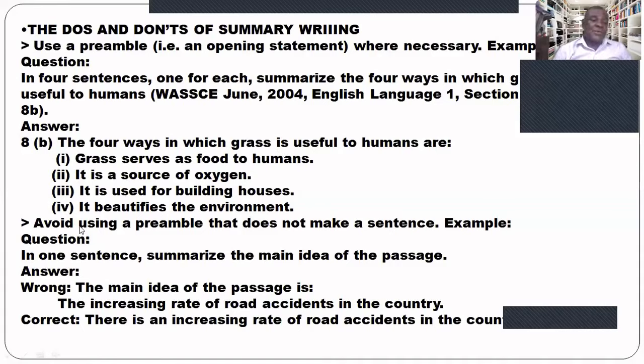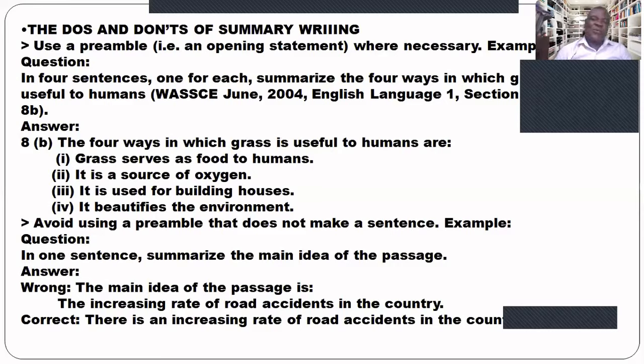The next thing you should note is that you have to avoid using a preamble that does not make a sentence. Example, in one sentence, summarize the main idea of the passage. You know, you are not to use a preamble to present a question that requires only one sentence. It doesn't require a preamble.